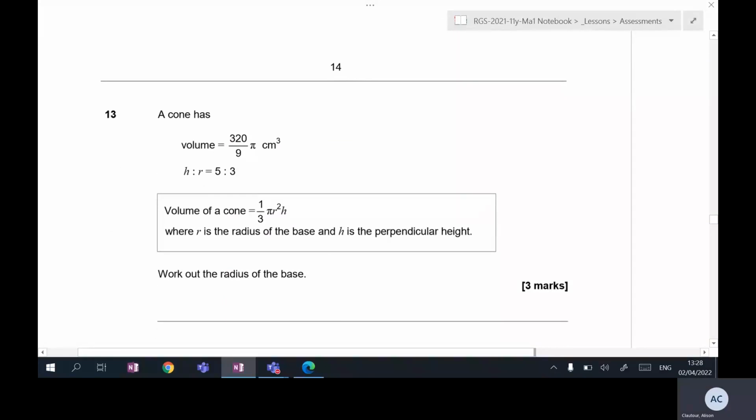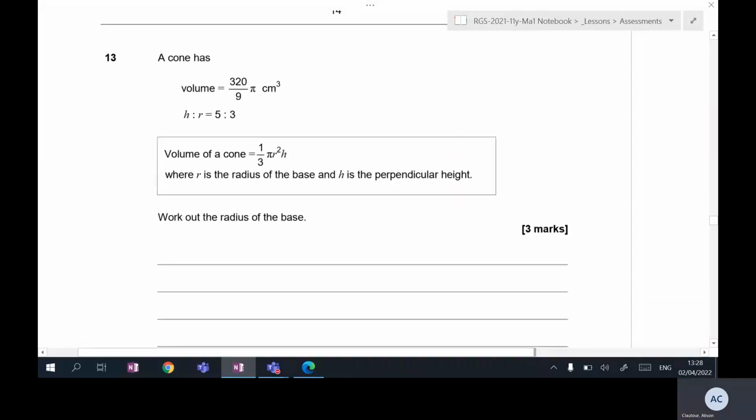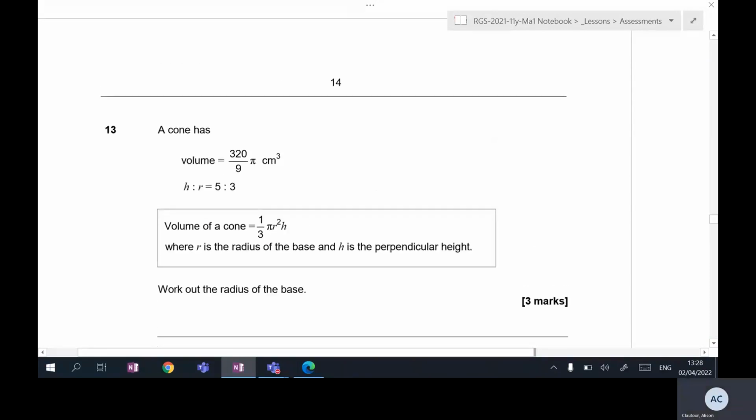Okay, so we've got some information about a cone. We've got its volume, and we know that the height to radius ratio is 5 to 3. Okay, so think about what that means. 5 to 3 means that h is 1 when r is 3/5.